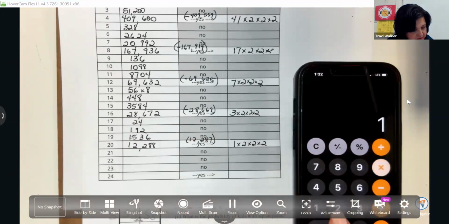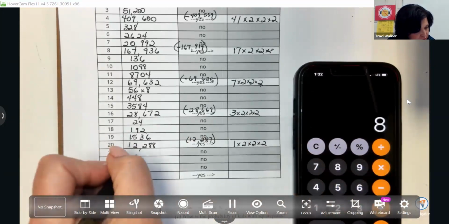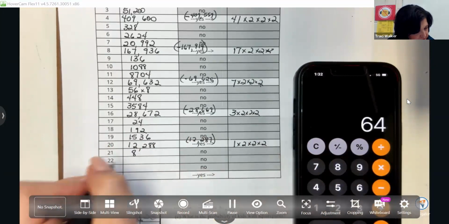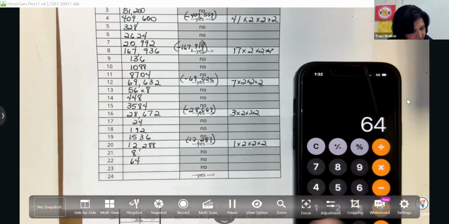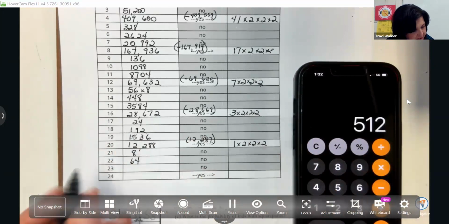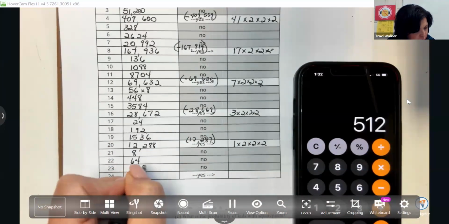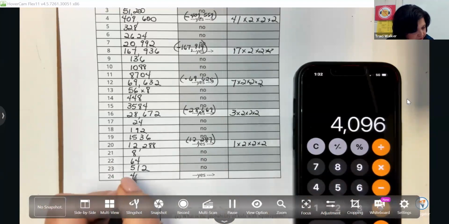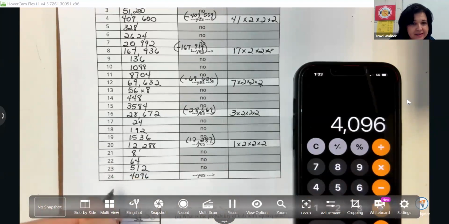So 1 times 8 is 8. So in 21 hours, we have 8 times 8. In 22 hours, we have 64 times 8. In 23 hours, we have 512. And in 24 hours, we have 4,096.